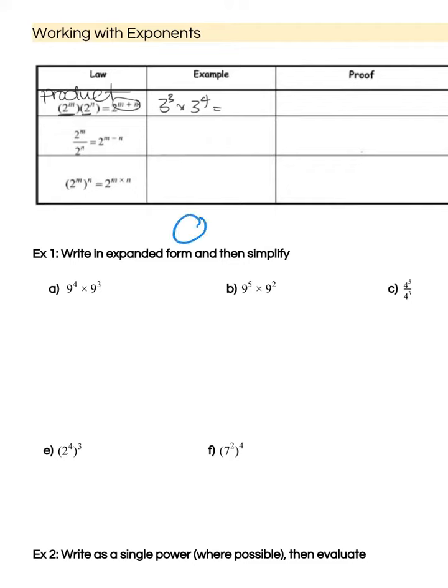The first one is that if the A is my big number, then I'm going to call this my base. If the B is my little number, I'm going to call this my exponent.